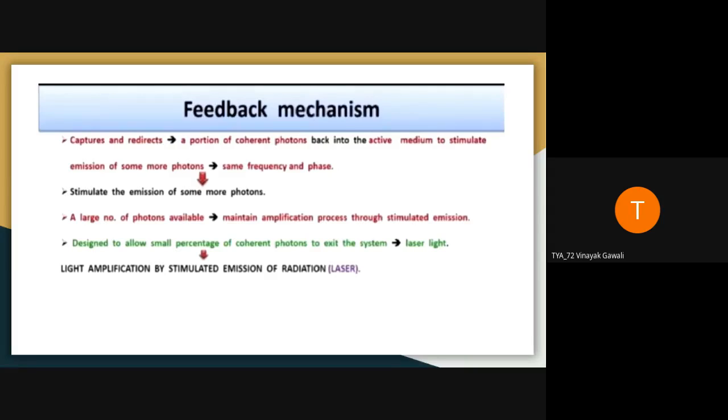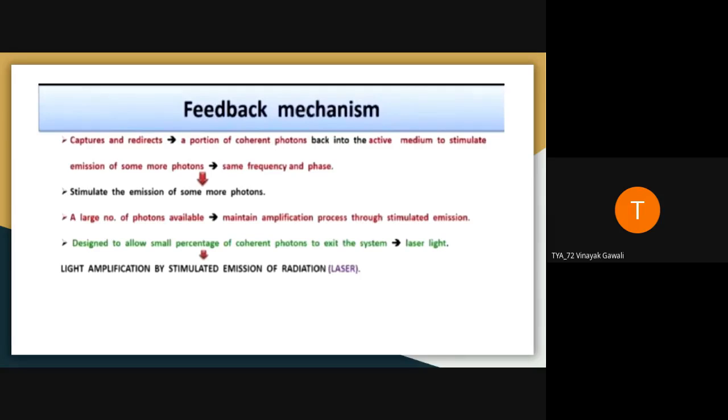As it emits more photons into this lasing medium, a large number of photons are available, and you can use that large number of photons for machining. So it maintains that amplification process.